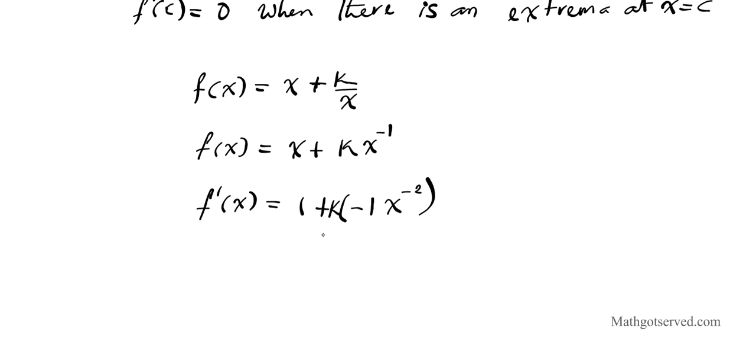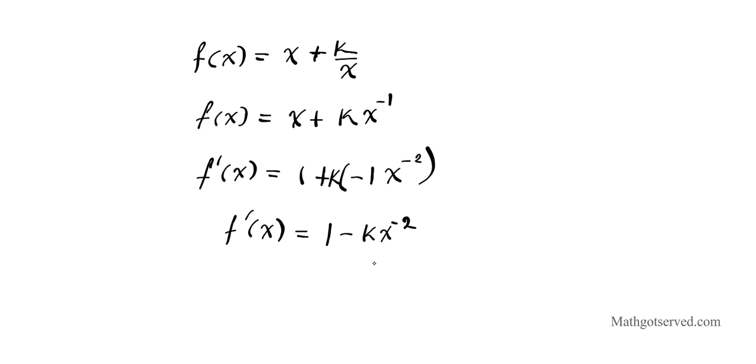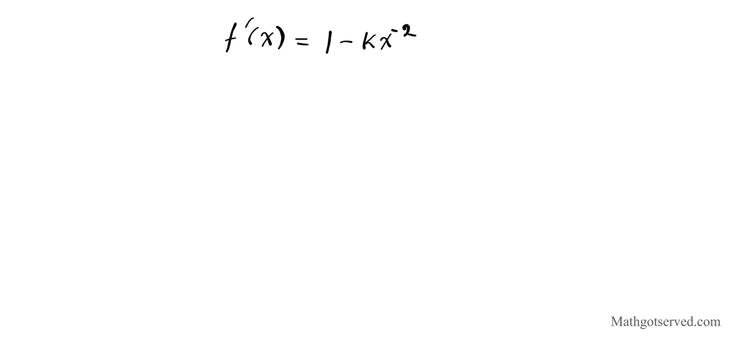All right, let's simplify that. f prime of x equals 1 minus kx to the -2. Now, when do we have a maximum or a minimum? We have an extrema when the derivative is equal to 0. So I'll set the derivative to 0: 1 minus kx to the -2 equals 0.